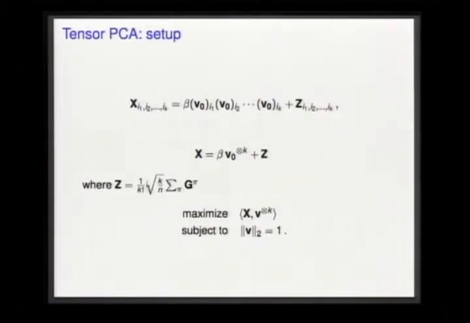This factor is also here for convenience for further manipulations on this tensor. So the model I wrote is a rank 1 symmetric tensor plus a symmetric noise tensor. Both the signal and the noise part are made symmetric. And the goal, again, is to estimate the signal V0.